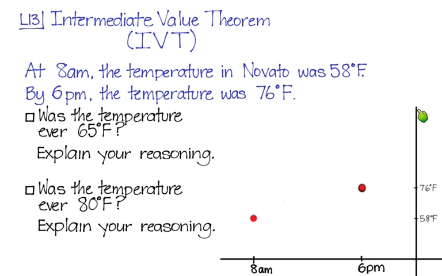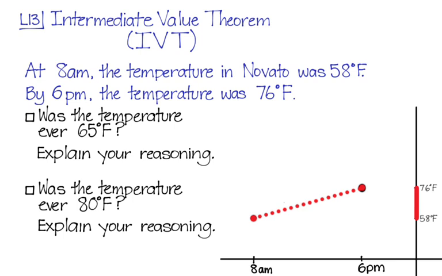It doesn't matter, there's no zero here, it's just kind of a scale of showing what it is. And I'm saying, okay, right here it was 58 degrees and I got 76, and my question is, well, did it go straight like this, up like this? If so, it must have hit every temperature between 58 and 76 degrees. But is this how the temperature went for the day?